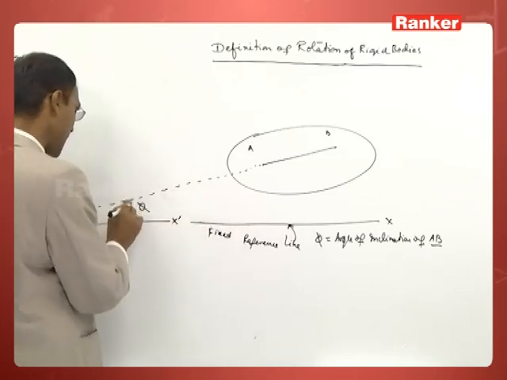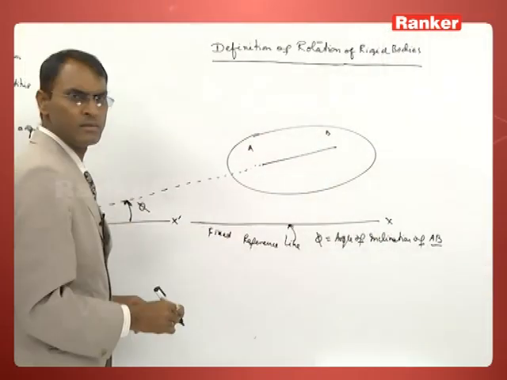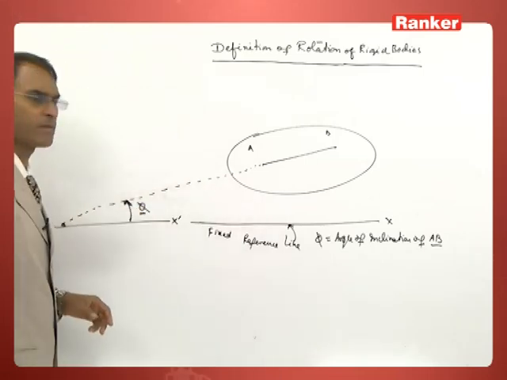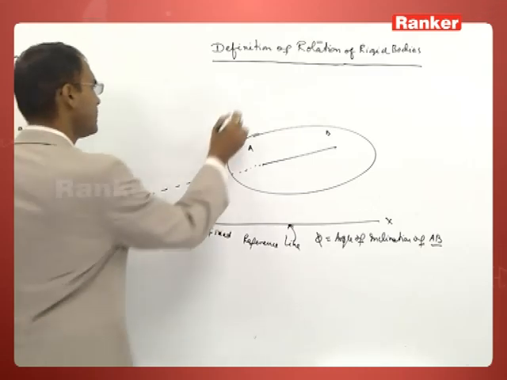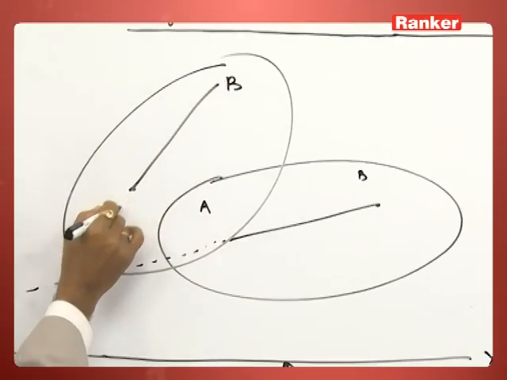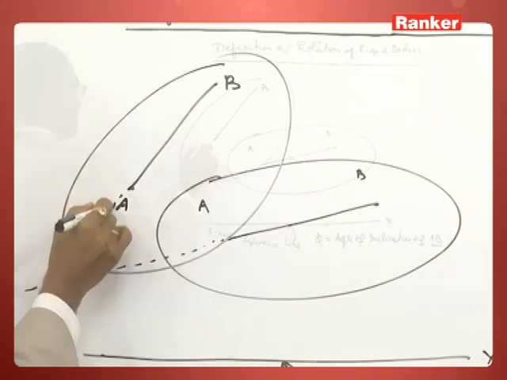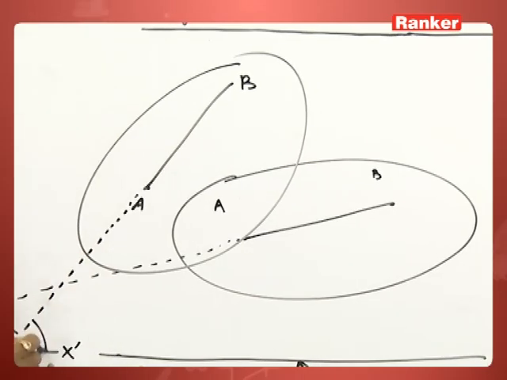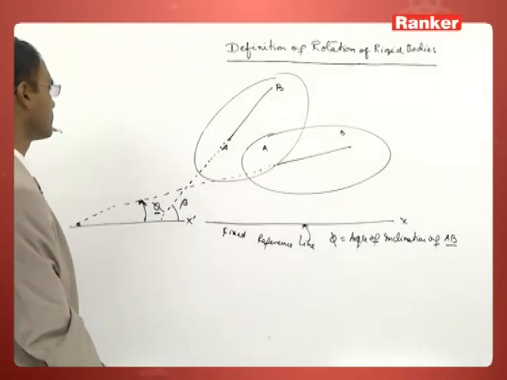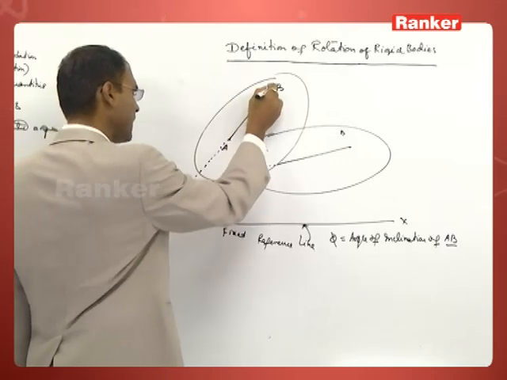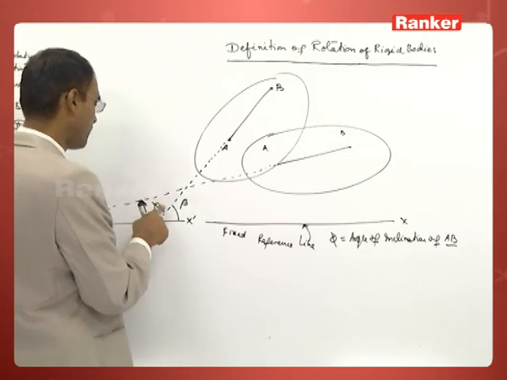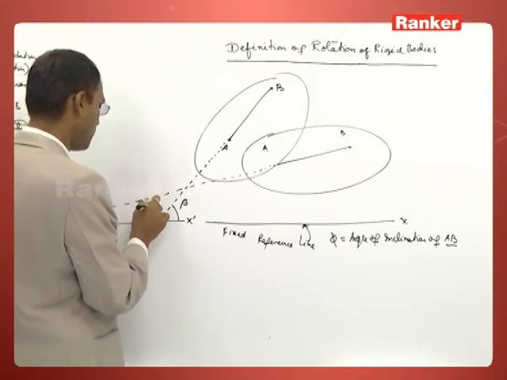And if this line rotates, this phi will change. For instance, this body goes to this position and this line AB now makes an angle, suppose beta. So the angle of orientation of the same line drawn inside the rigid body changes from, say, theta to beta.